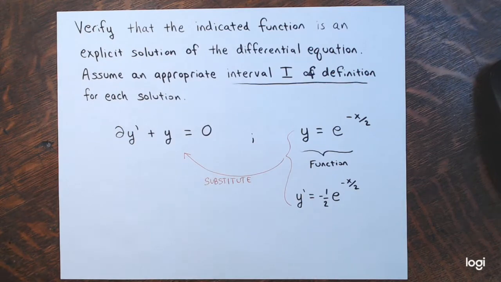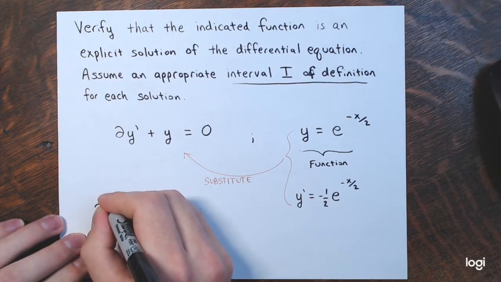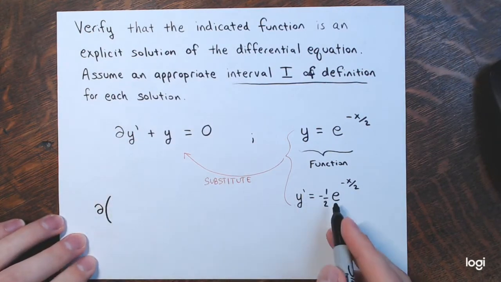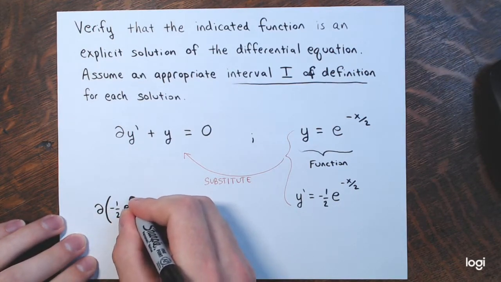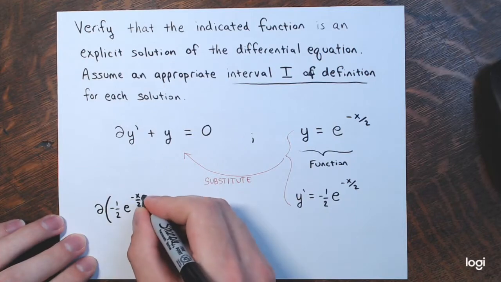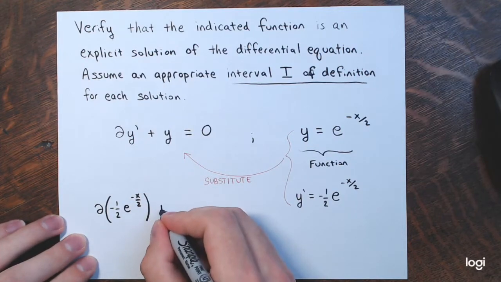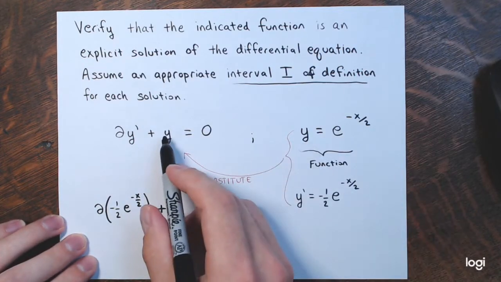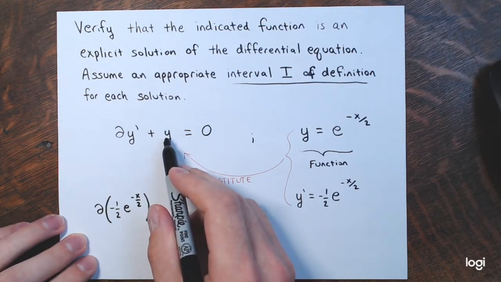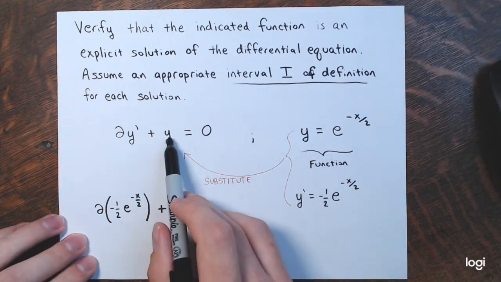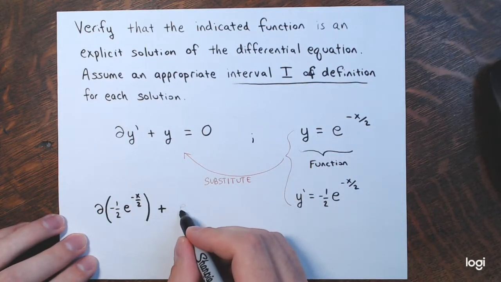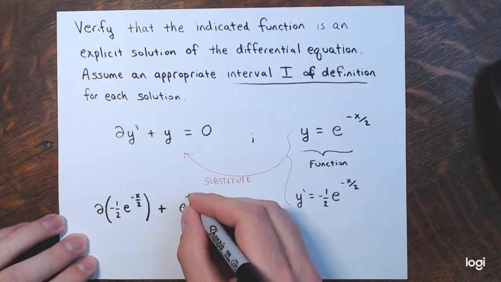So we have 2 times y prime, which is negative 1/2 e to the negative x over 2, plus y. Since y is not being multiplied by anything or raised to any powers, I'm not going to put parentheses around it. y is just e to the negative x over 2.